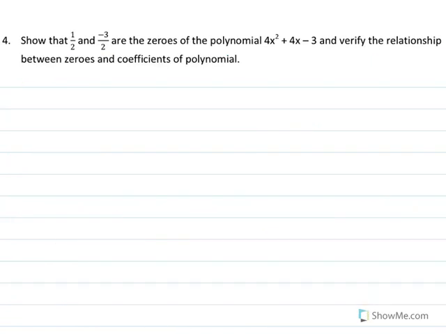Show that 1 by 2 and minus 3 by 2 are the zeros of the polynomial. So for this we know the polynomial p of x is equal to 4x square plus 4x minus 3. To show that 1 by 2 is a zero, all we need to do is find p of 1 by 2.